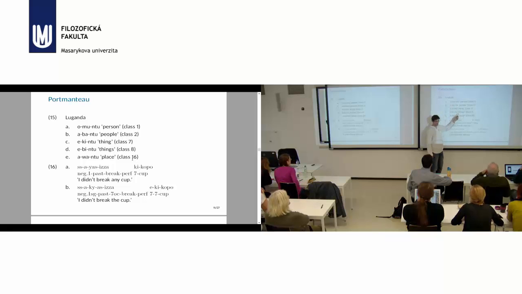And class 6 is not shown here. But in class 6, you also find mass nouns like water, and so on and so forth. And it was even funny, when people try to coordinate two nouns in class 6, like the people of Uganda and people of Rwanda, they actually trigger a class 2 agreement on the verb.